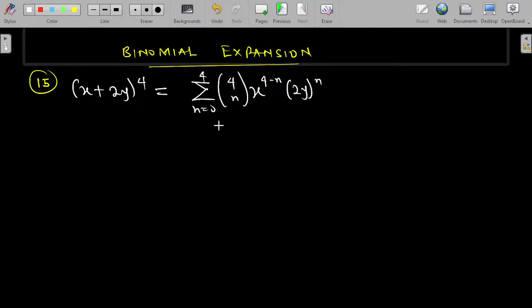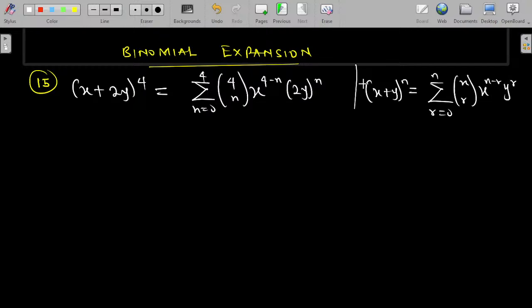Of course, this is the general formula for binomial expansion, which we can call the binomial theorem or binomial definition. It says that if we have (x + y) raised to the power of n, it is equal to the sum from r equal to 0 to n of n combination r, then x to the power of n minus r multiplied by y to the power of r.